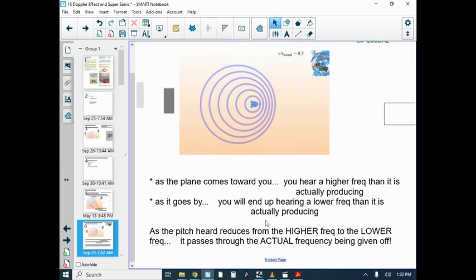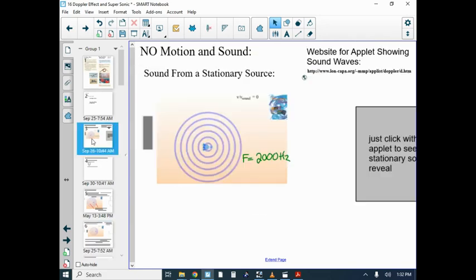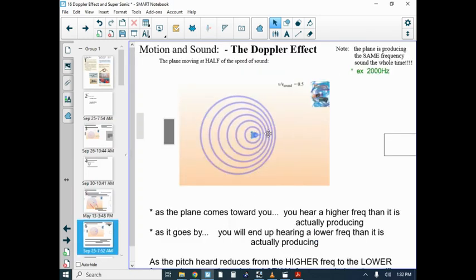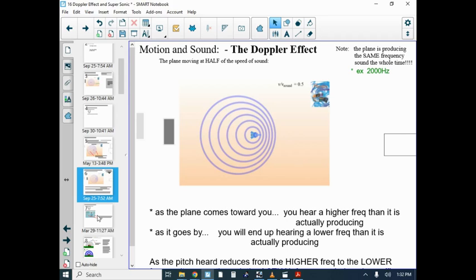As the pitch heard reduces from the higher pitch to the lower frequency, it is going to pass through the actual frequency. So think about the actual frequency being produced of 2,000. This increased frequency might be like 2,010, in which case this one's probably going to be 1,990. Just add 10 and minus 10 basically by the motion of the wave.